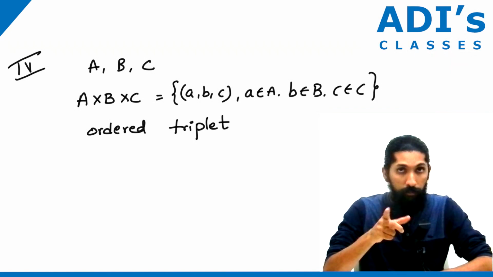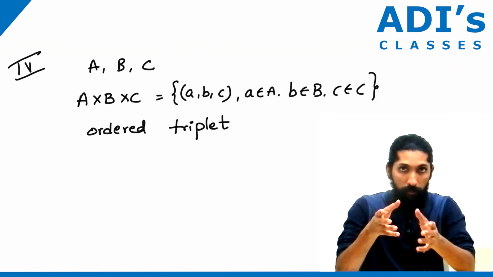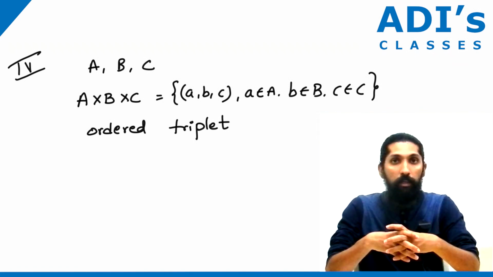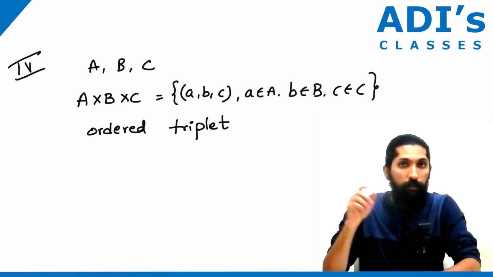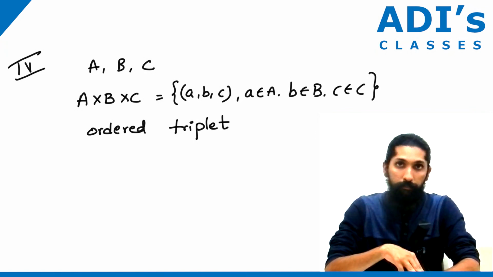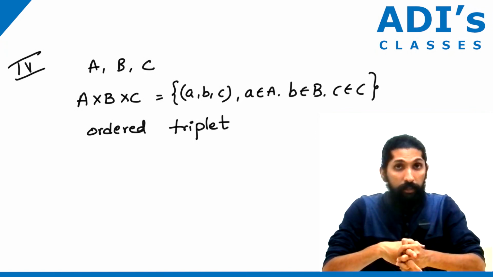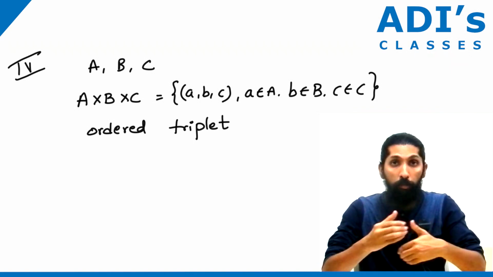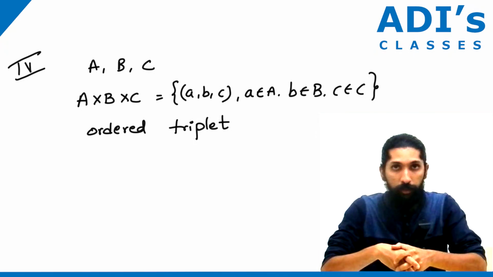Third one is the infinite case: if either A or B, one of them, is an infinite set, then A cross B becomes infinite. The fourth one is an ordered triplet, where three are there. These are certain characteristics of an ordered pair. Now, in the next video, we'll solve a few problems based on whatever we have learned so far. All right.